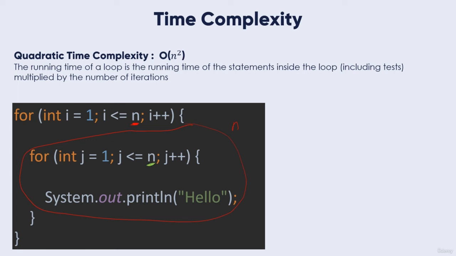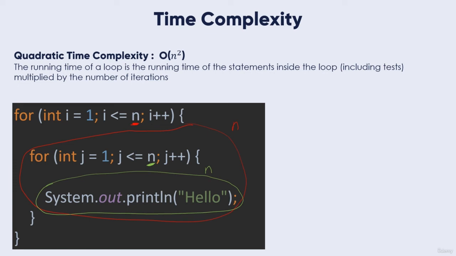So this is a nested loop. And we are going to loop through these green statements n times. So we are going to loop n times in red, and every time we loop inside the red n, we are going to execute the green one n times.